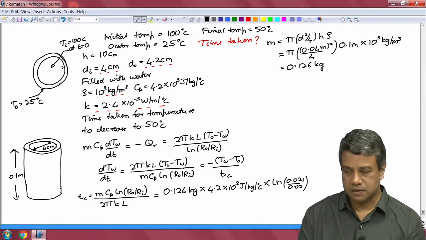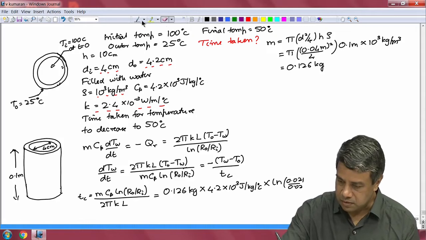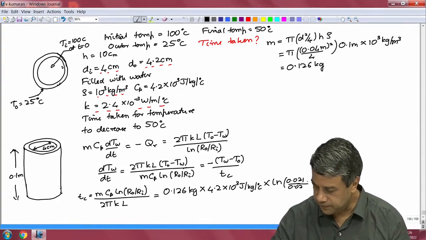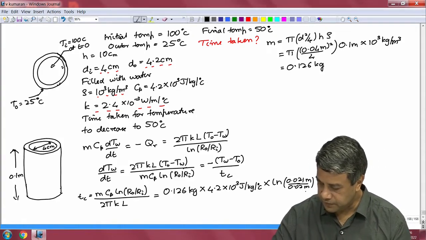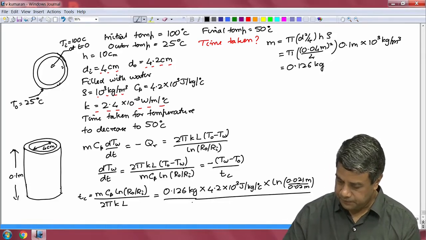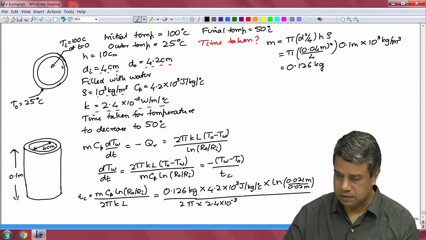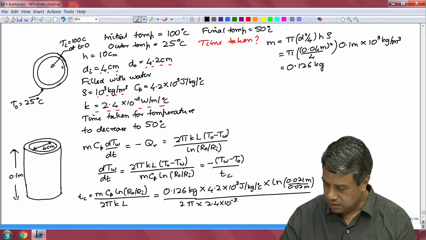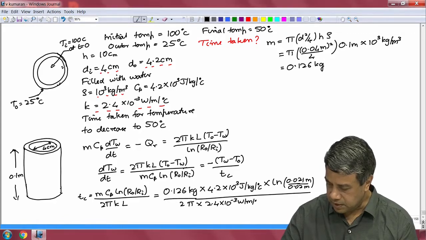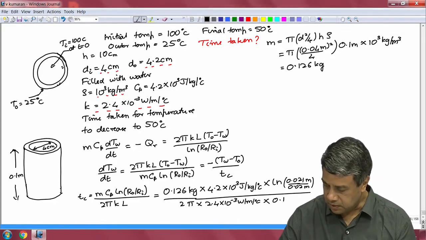So, you have the same dimension in the numerator and denominator as you should when you are taking a logarithm. The whole thing divided by 2 pi into k, which is 2.4 into 10 power minus 3 watts per meter per degree centigrade, into L, which is 0.1 meters.